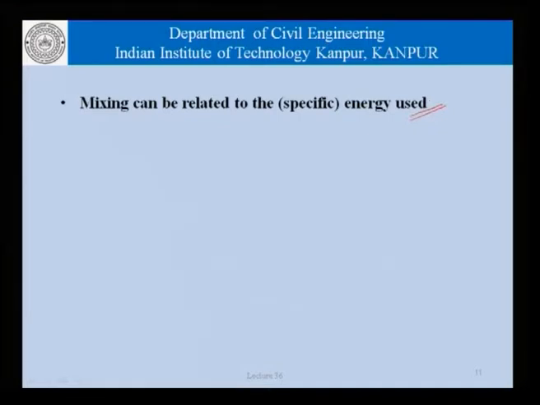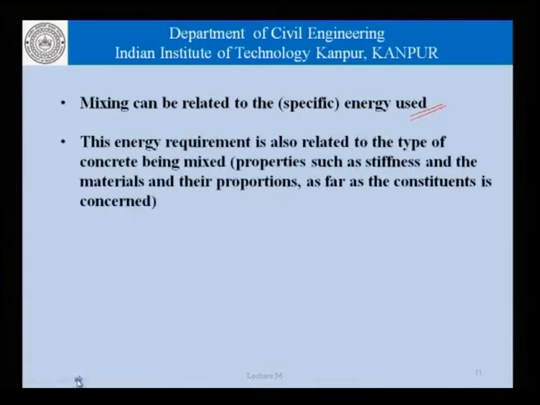As far as mechanical mixing, again, how much energy we need in order to produce a concrete which is uniform, homogeneous, we must remember that this energy is related to the type of concrete being mixed in terms of its properties.